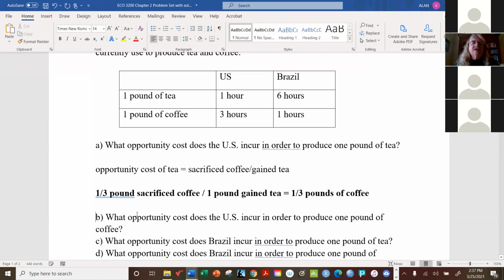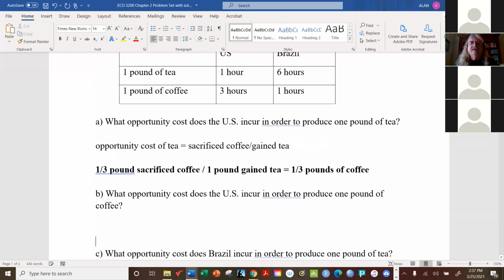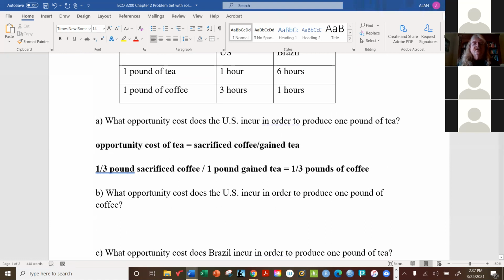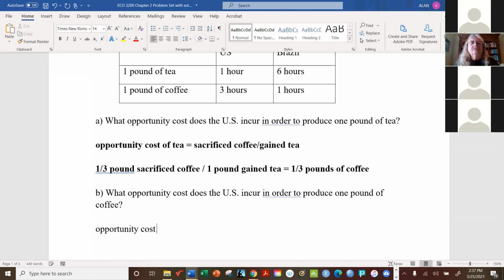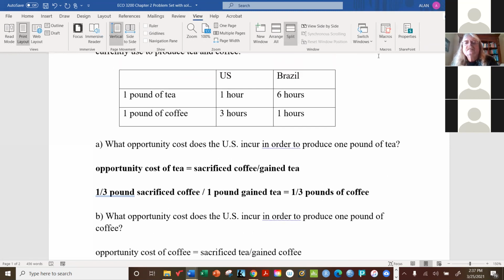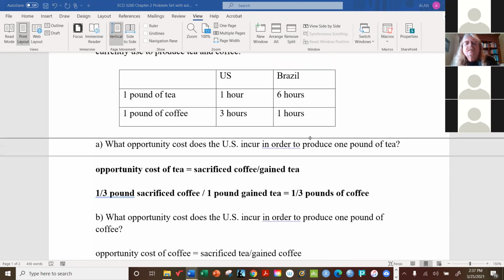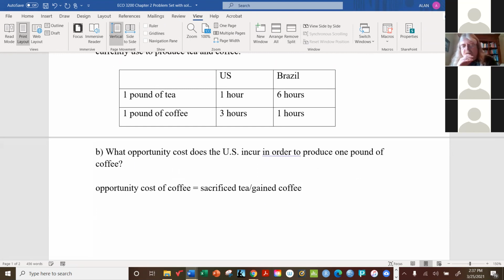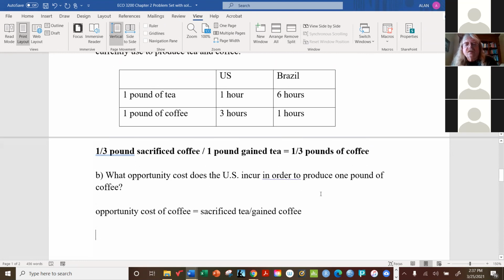On the other hand, when we look at this backwards, if we think in terms of what is the opportunity cost of producing coffee, well, that opportunity cost would be the sacrificed tea divided by the gained coffee. All right, so actually, by the way, hold on one second. I'm going to split the screen so we can always see the chart. All right, so in order to make coffee, we have to use 3 hours of labor.